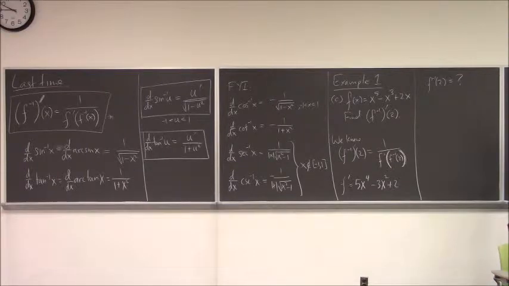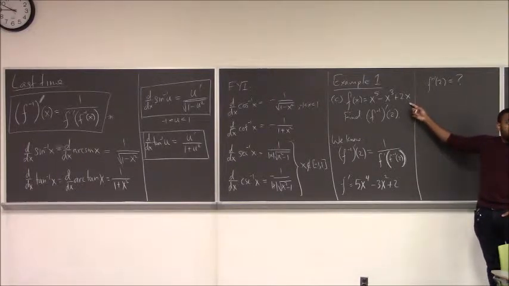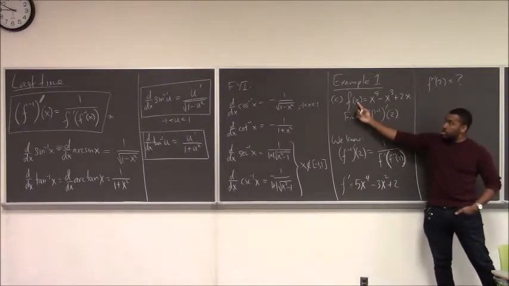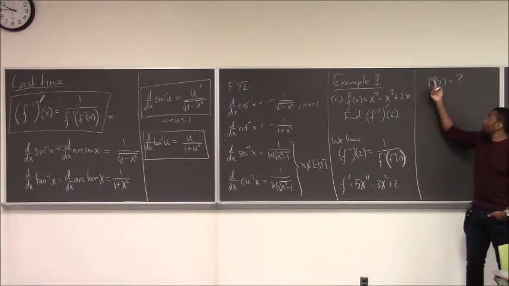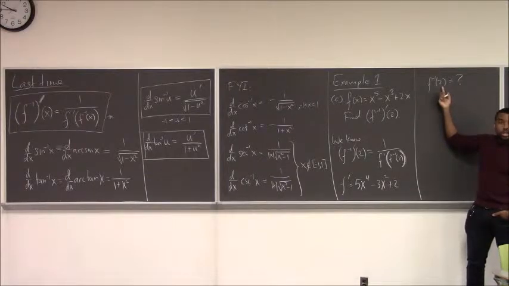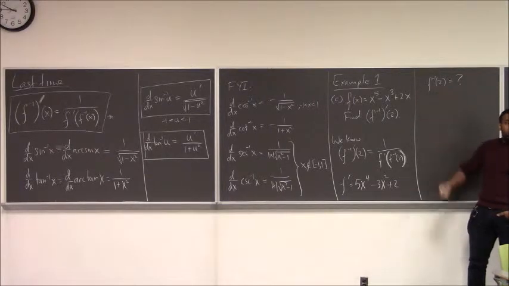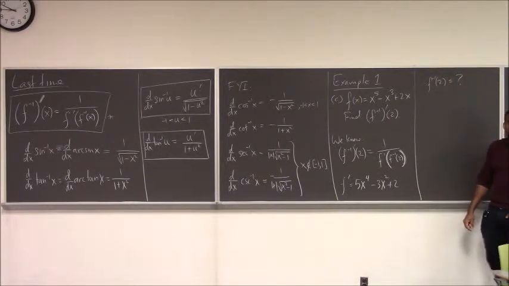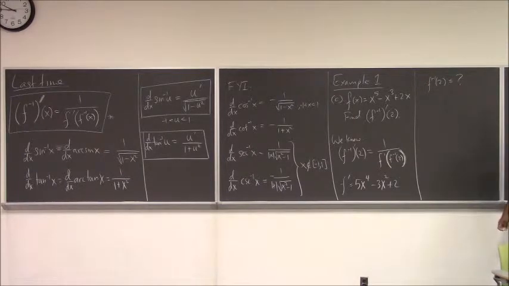Well, no, because that would be f of 2. If I just plug in 2 for x here, I'm finding f of 2. I want to find f inverse of 2. So I want to find what is the output from the inverse function. How would you go about doing that?